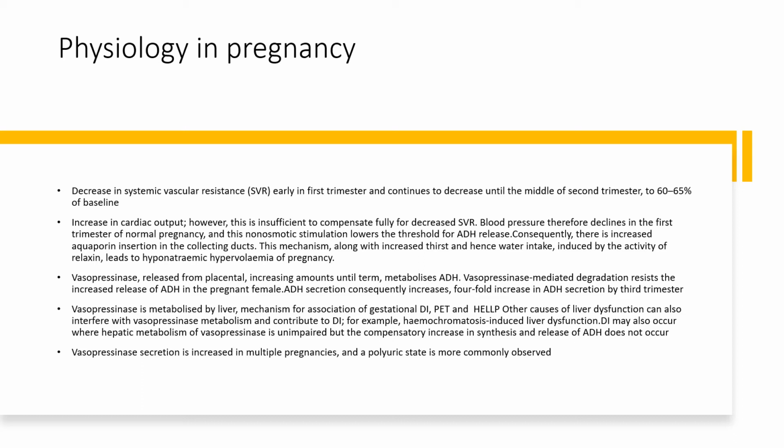Diabetes insipidus may also occur where hepatic metabolism of vasopressinase is unimpaired, but a compensatory increase in synthesis and release of ADH does not occur. Vasopressinase secretion is also increased in multiple pregnancy, and a polyuric state is more commonly observed.